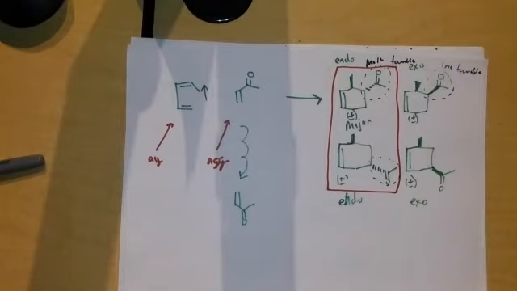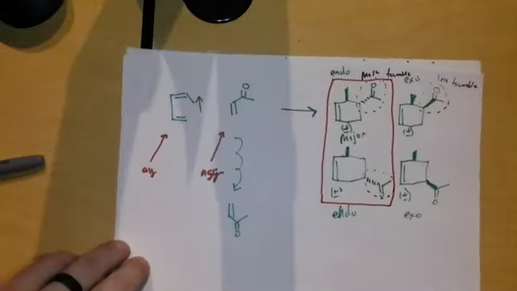I'm going to do one more of these, and then I'm going to talk about some resonance-based ones, which are different, somewhat simpler because you only get one product, but also more complicated.